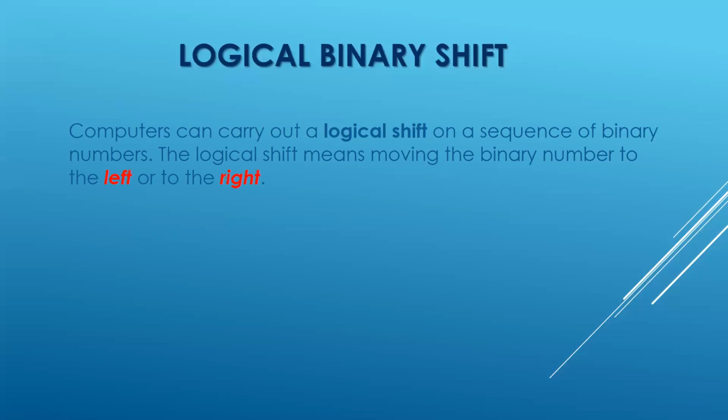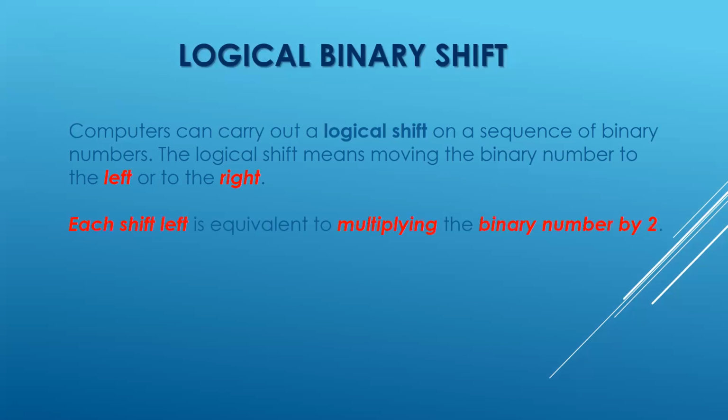Just remember, my binary value is going to be composed of 8 bits. And if I'm asked to shift those values, either one place or two places or three places to the left or to the right, then what is the impact? What happens to that value?